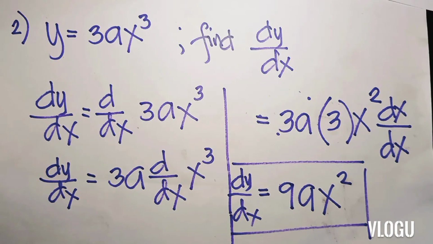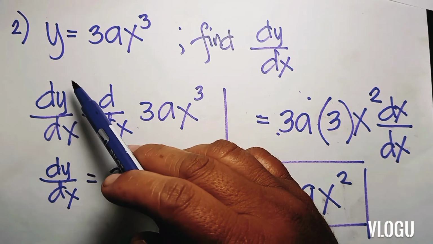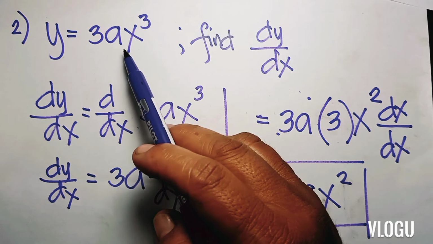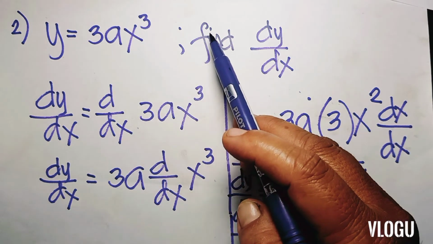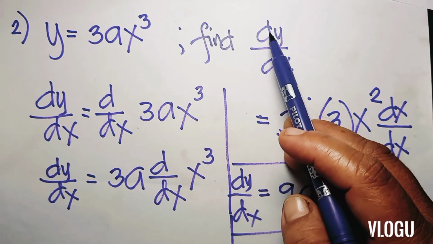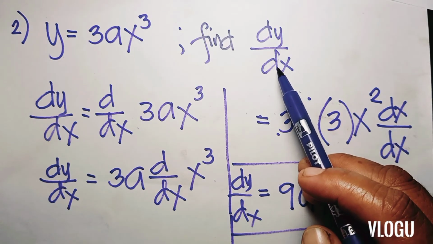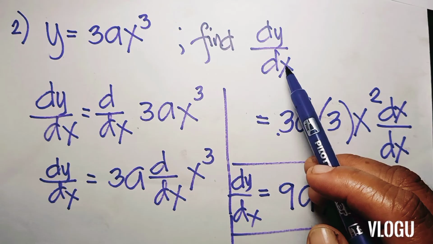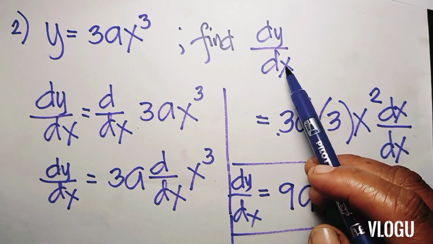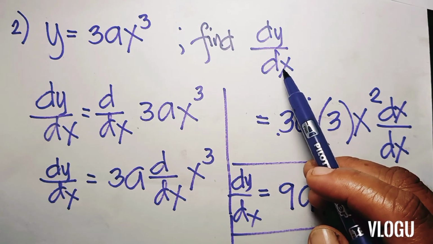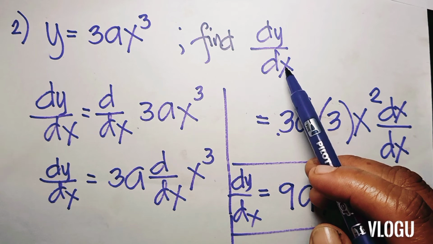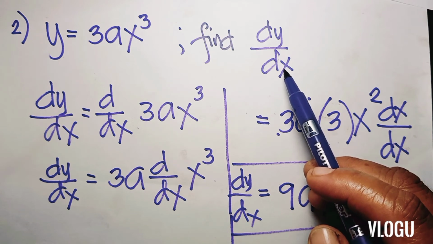Our second example, y is equal to 3ax cubed. We are going to find dy over dx. If we look at the denominator, what does it tell us? The dx here denotes that the variable in our given equation is x.